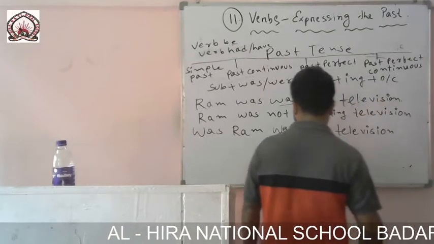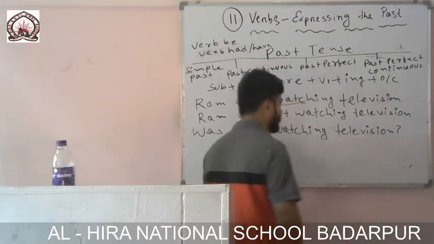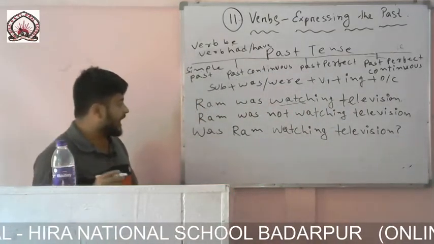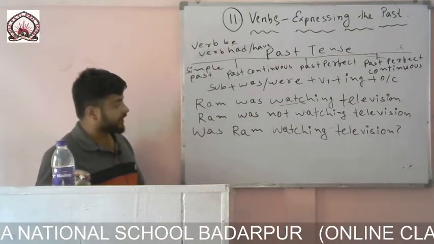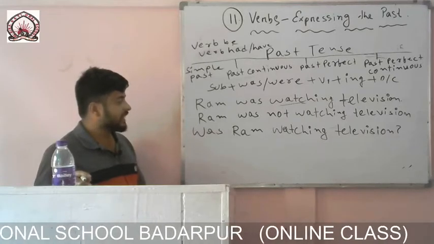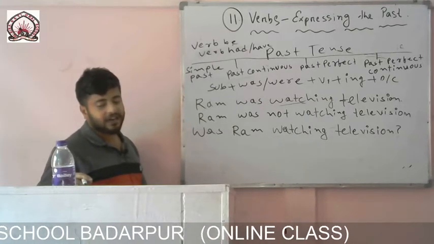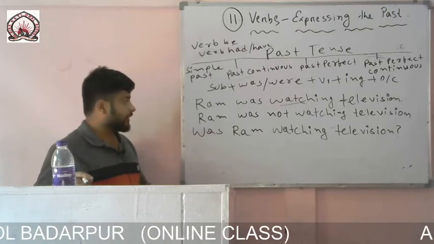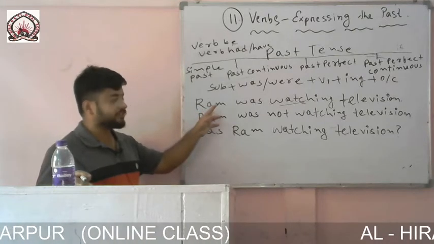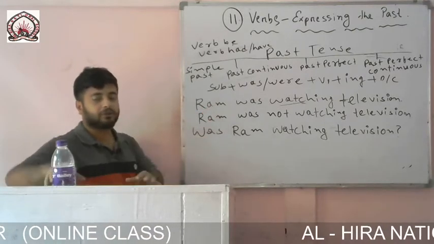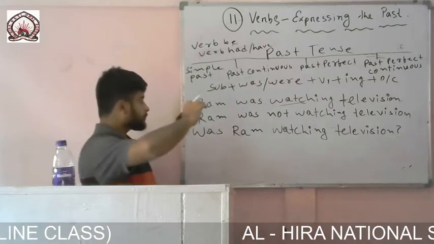If it is interrogative, then we put a question mark. Was Ram watching television? Now if I want to change this affirmative sentence into interrogative negative, what do I have to do?